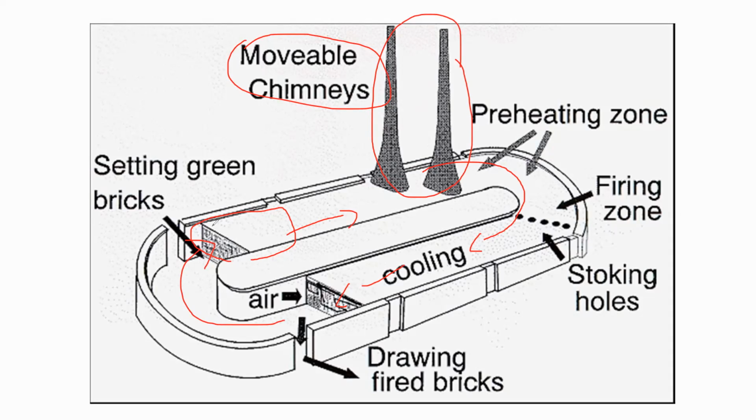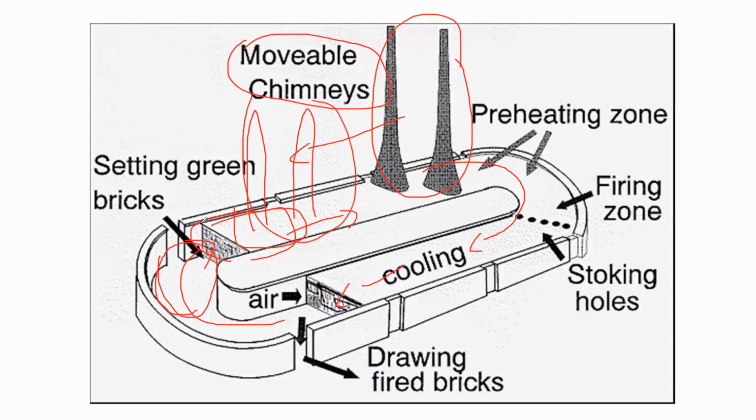Here we are keeping the raw bricks. After keeping the raw bricks, you can bring these chimneys here, and then burning can take place. While burning is taking place here, you can keep raw bricks again behind.